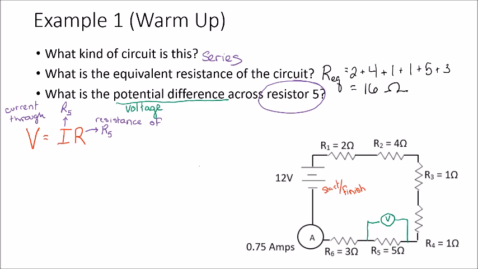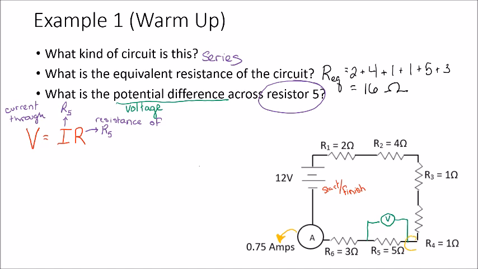We do have an ammeter in this picture. So this ammeter is telling us that in this part of the circuit, there is 0.75 amps of current being measured.